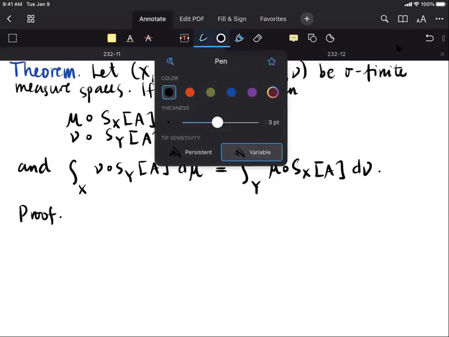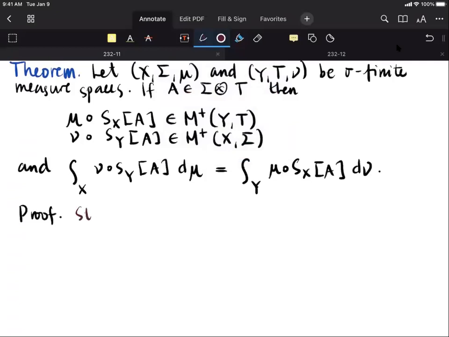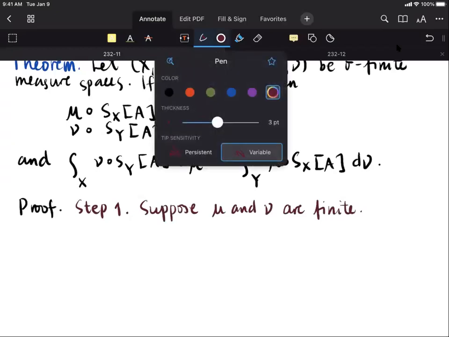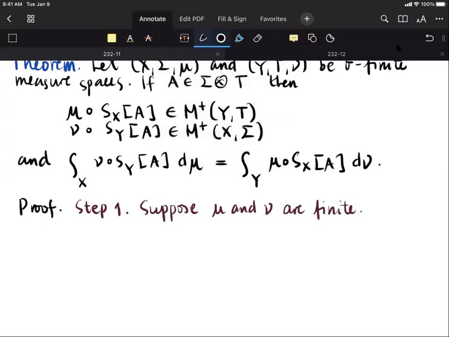Again, we use the same trick as before. We first consider as a first step the case where mu and nu are finite. And then the sigma finite case will follow from this one and the definition of sigma finiteness.